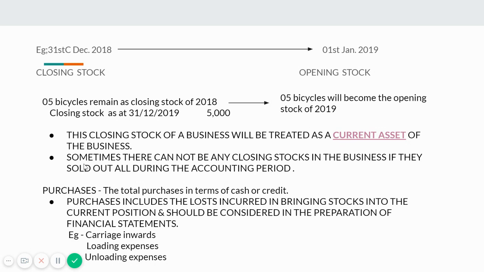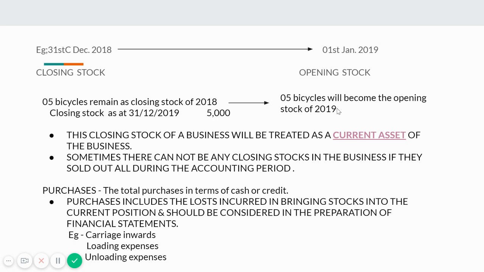Again, sometimes there cannot be any closing stocks in the business if they sold out all during the accounting period. As I mentioned in the earlier example, if a business purchased 100 bicycles during the accounting period ending 2018, and they are in a position to sell all 100 bicycles, there can't be any opening balance in the accounting period which starts from 1st January 2019.